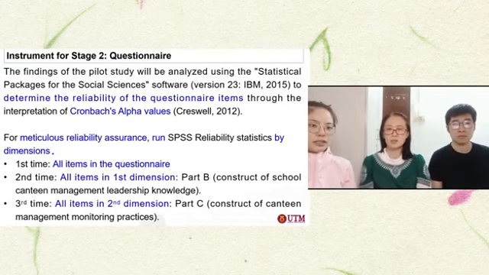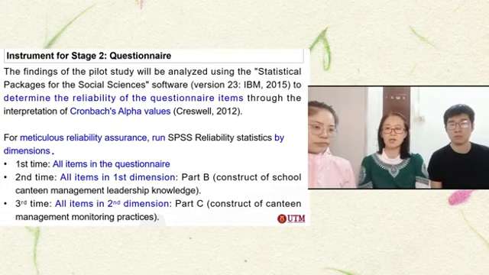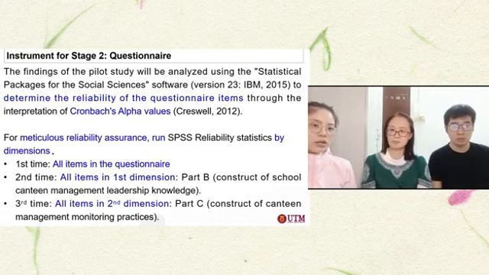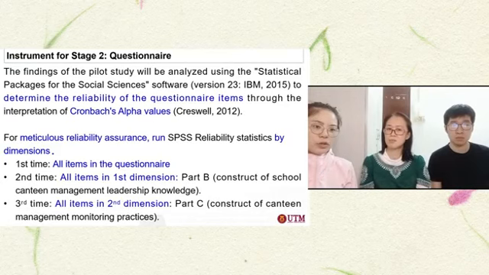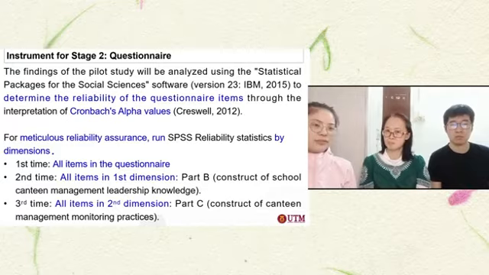According to Johnson 2010, Cha 2011, and Cohen 2018, a pilot study should be conducted with not less than 30 respondents. So is it because of this you select 30 school administrators and school canteen operators? Yes, respondents who are involved in this pilot study will not be selected in the actual study.